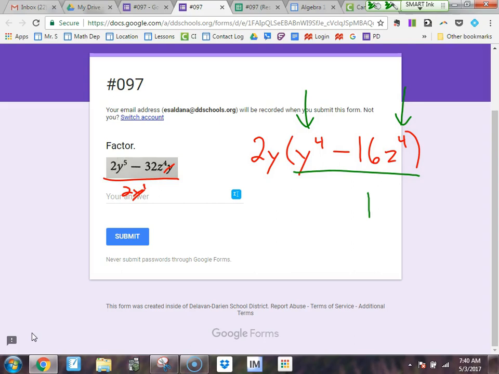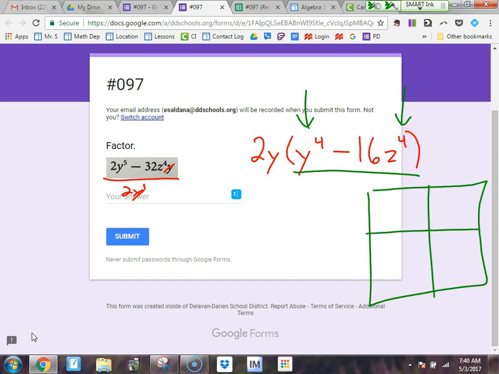So, first things first, we're going to put together that box. Put the box right here. And much like we would in all the other problems, we're going to put the first term, y to the 4th, in the top left-hand corner. Then, in the bottom right-hand corner, negative 16 z to the 4th.